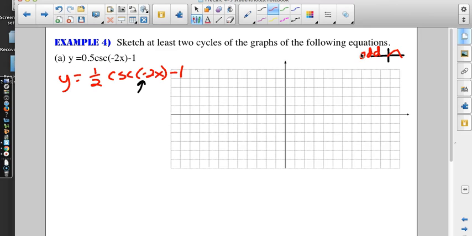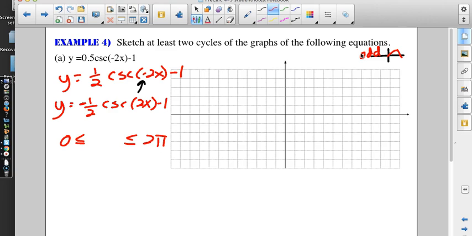And for odd functions, we cannot eliminate that negative. But what we can do is we can move it. And it would be nice to have that out front so that we can take care of that as kind of a last step. When we get to thinking about graphing this and we're talking about that amplitude, we can just remember that we also need to do the reflection there. Now, cosecant, as it is the reciprocal of sine, will have a normal period of 2 pi, so 0 to 2 pi.